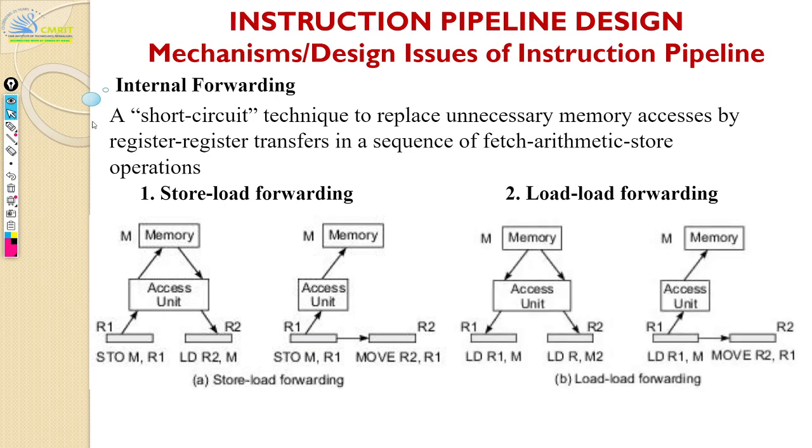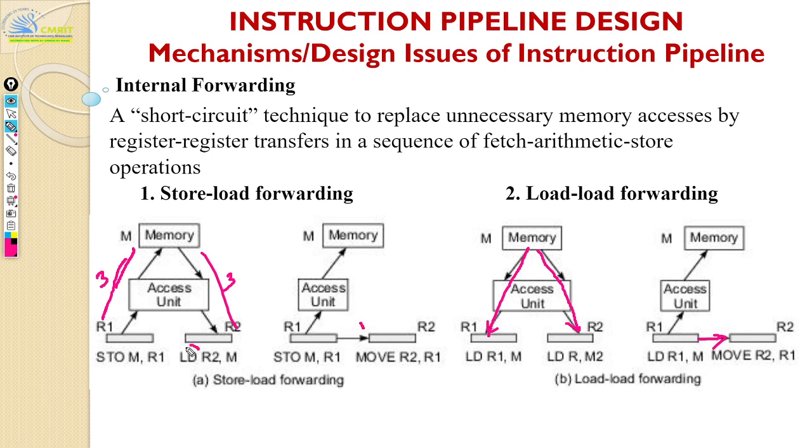The next one is load forwarding. It's exactly the same thing. Instead of loading once from memory and then loading from the same memory location into another register, you can just move again, instead of accessing memory again. Here, the store is going to take 3 cycles, and this is going to take 3 cycles, but subsequently you're just going to take 1 cycle to do this.